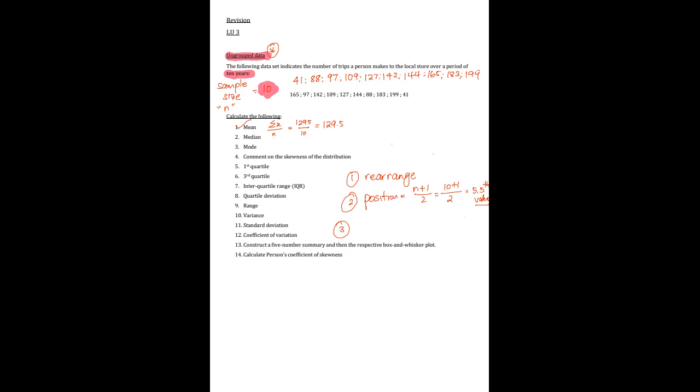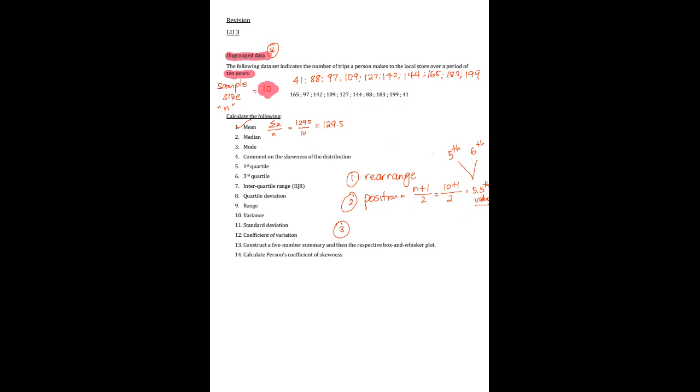Because it's between the fifth and the sixth value, the 5.5th value, you're going to take the fifth value and the sixth value, and you're going to add them and divide them by 2. So this is why we need the values to be in ascending order, because we need to identify which is the fifth value and which is the sixth value.